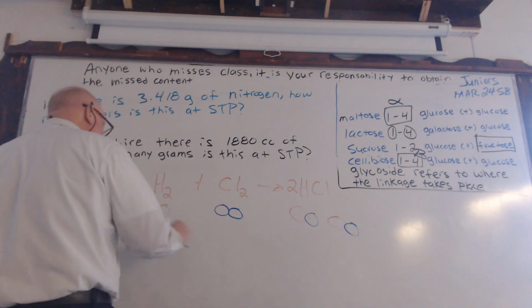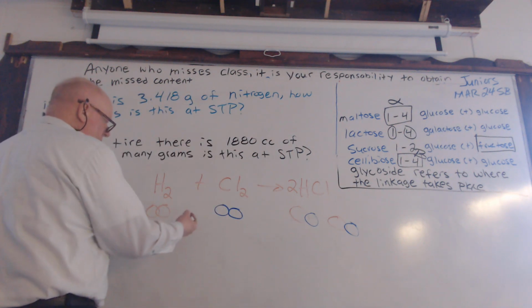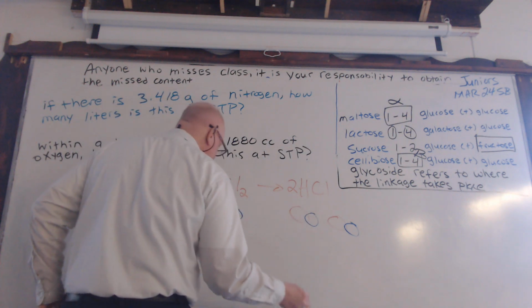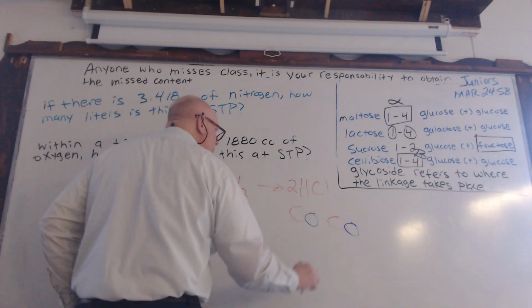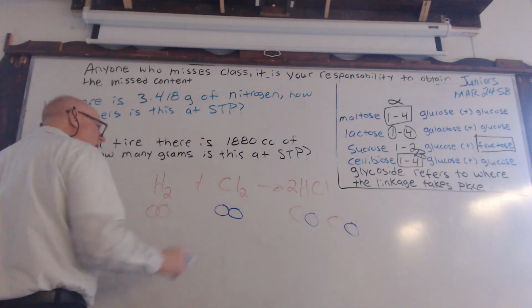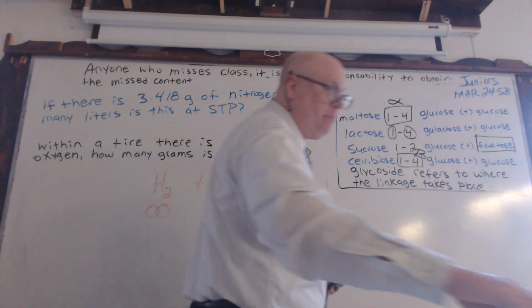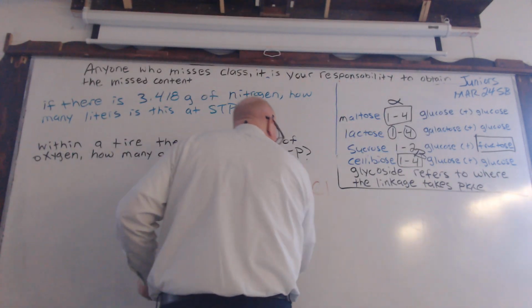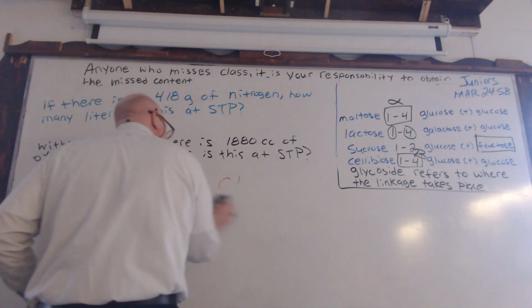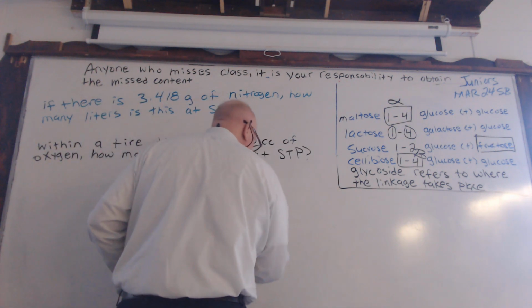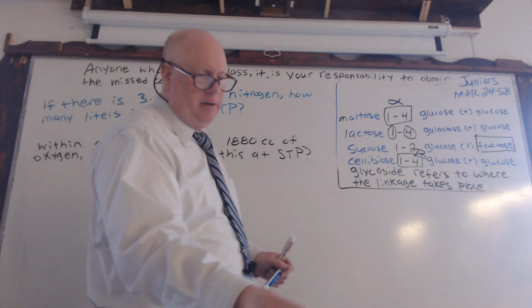We have 2 orange circles on this side, 2 orange circles on that side, 2 blue here, 2 blue there. So that's a shorthand way of looking at a picture to show how and why these gases interact, and that you have the same amount of gas on one side as you would have on the other.